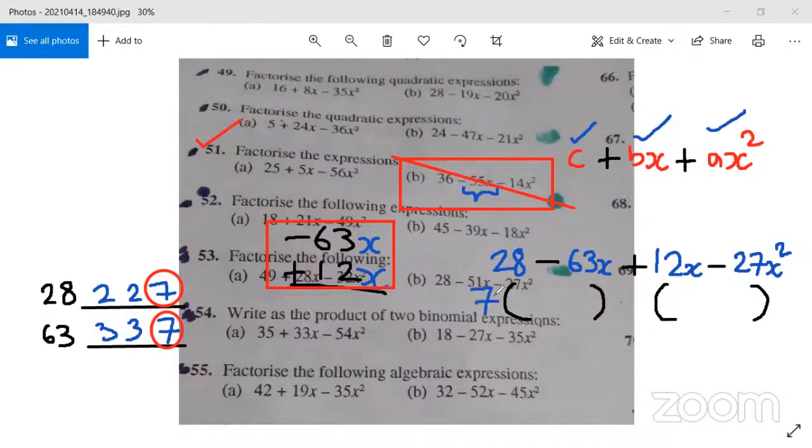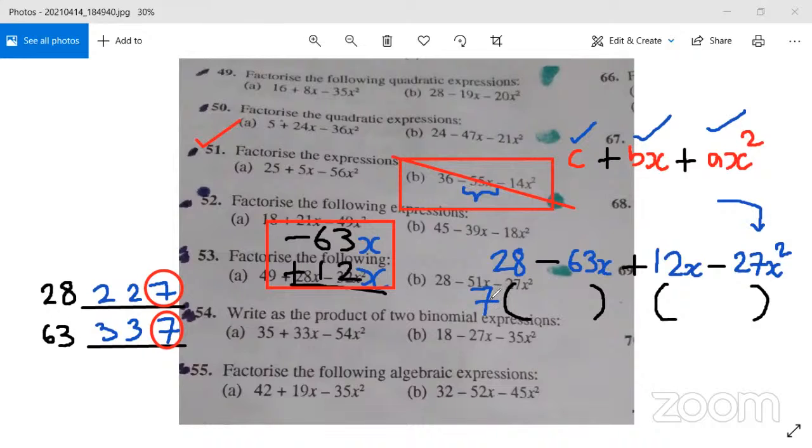Now remember, typically we would put a 7x here. However, the x squared is all the way over here, so we don't need it for this bracket. The x will appear here instead of over here. So remember, the situation is reversed. You might be tempted to put it here because you always put it there.